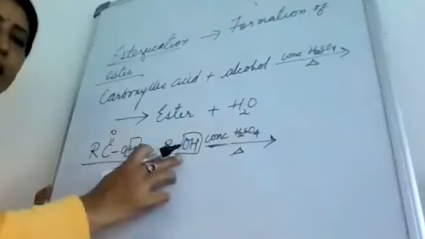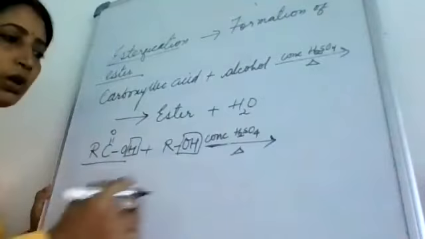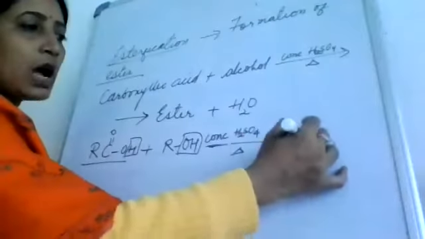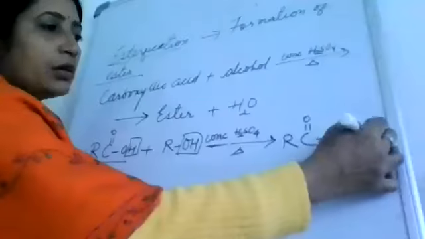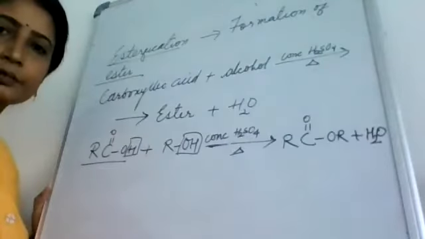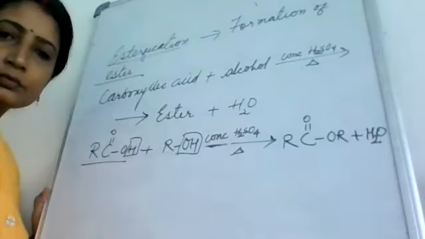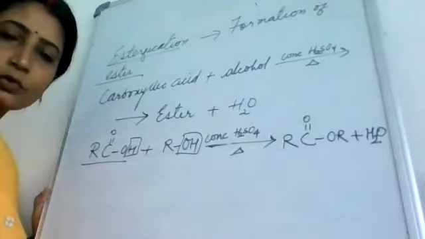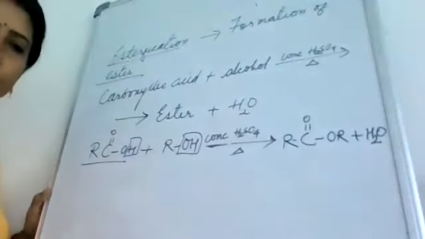H from here and OH from there will be removed. Finally, you are going to get RC double bond O, OR plus H2O. Any problem for anyone? No, ma'am. Note this down first.